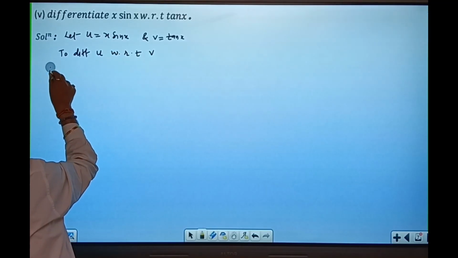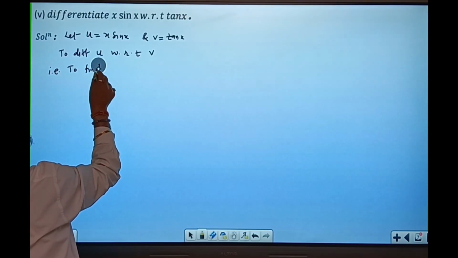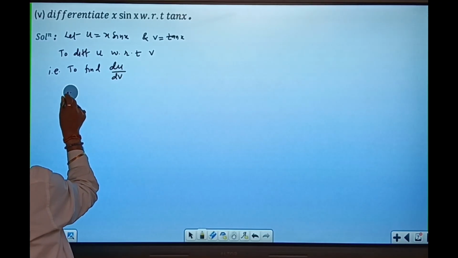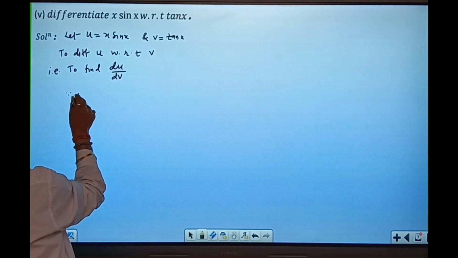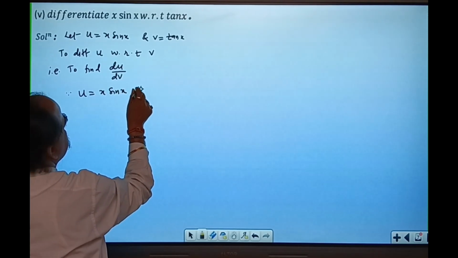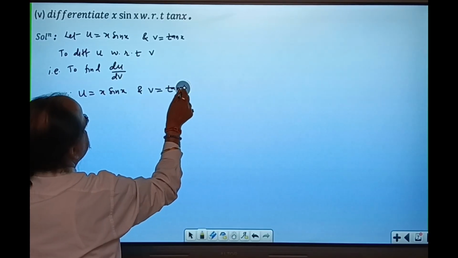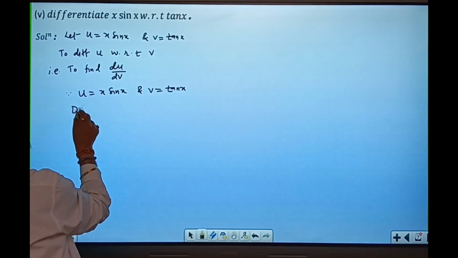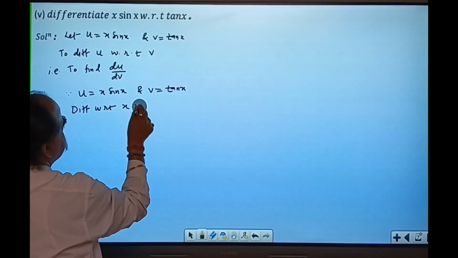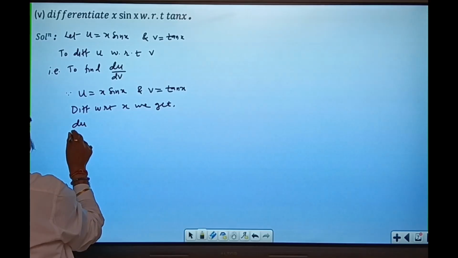To differentiate u with respect to v, that is to find du by dv. Since u is what? X sin x and v is what? Tan x.